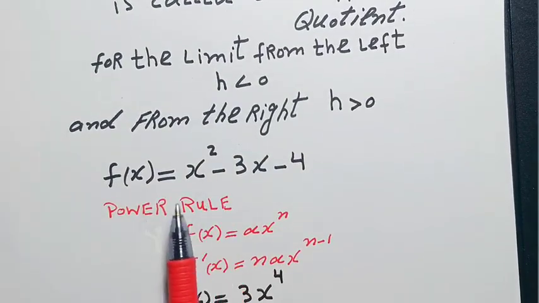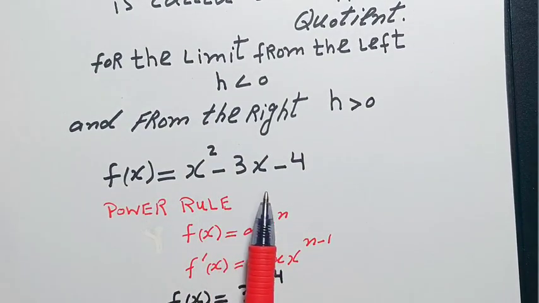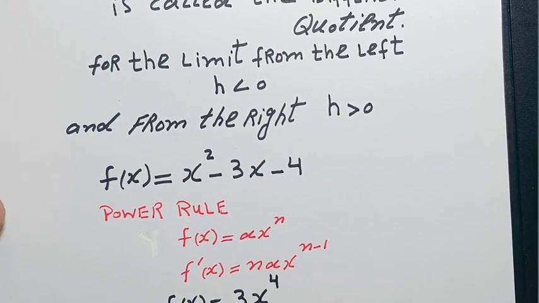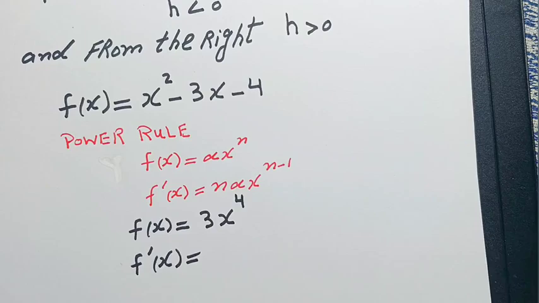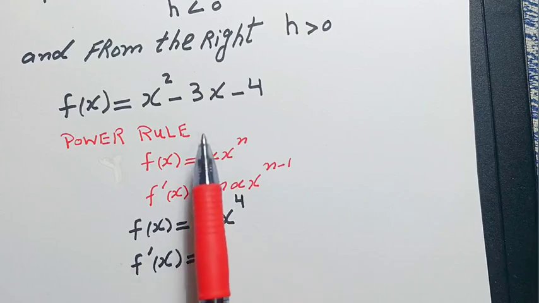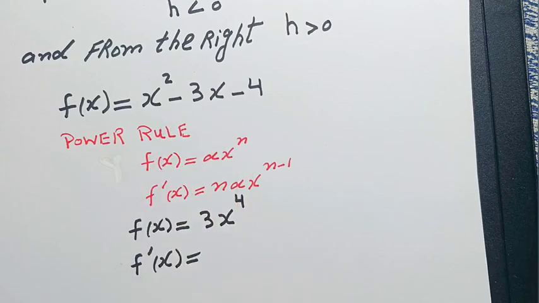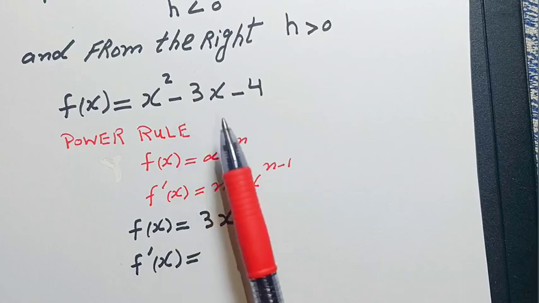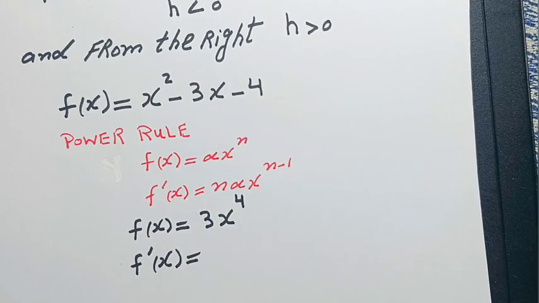Say we have a question: f of x is equal to x squared minus 3x minus 4. We need to solve this one by first principles. First you apply the power rule to find the derivative of this function. When you apply the first principle formula, if the answer doesn't match, then something is wrong with your calculation.